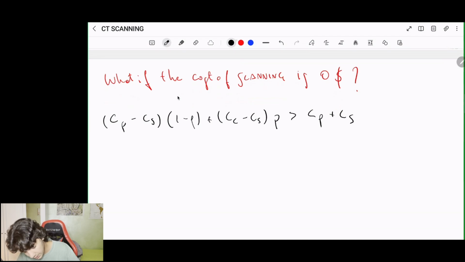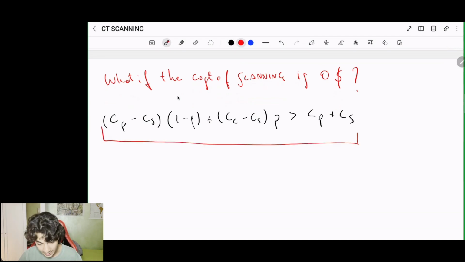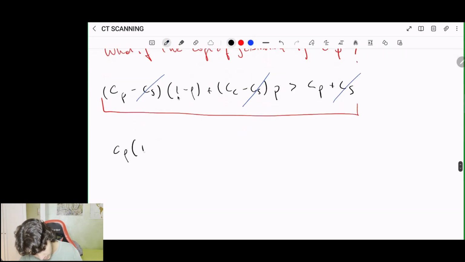If this inequality is true, then you're making money. That's what we just went over. Now, if the cost of scanning is zero, this is zero, this is zero, this is zero. So you're left with CP minus 1T, CC times P is greater than CP. That's what you're left with.